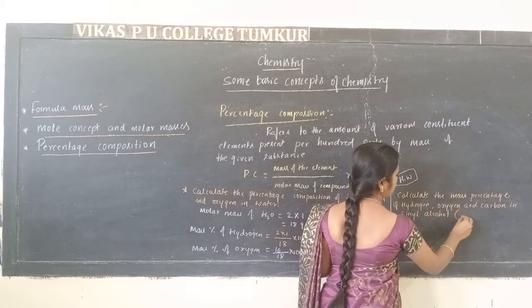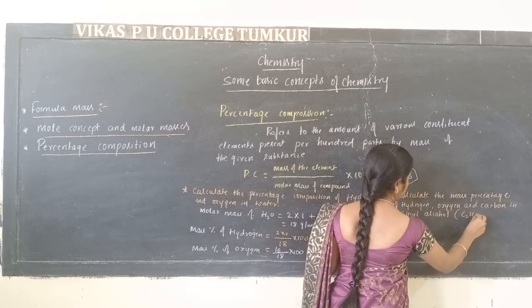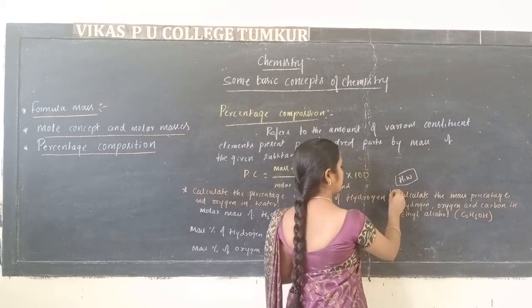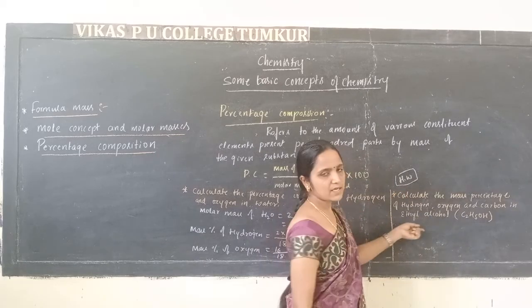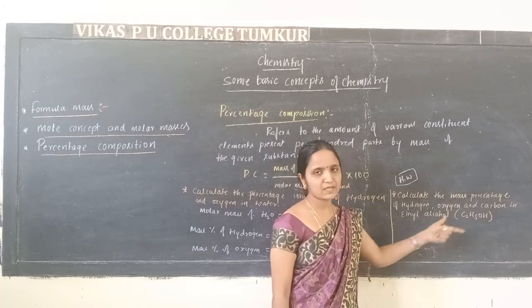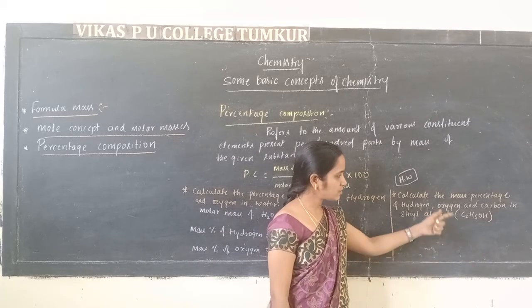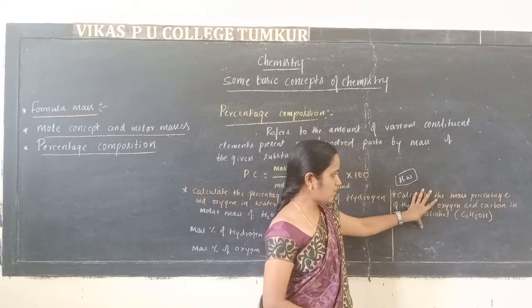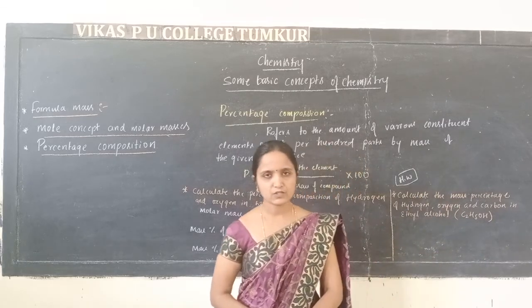The molecular formula is C2H5OH. First, what you should do? You should calculate the molar mass of ethyl alcohol. Then you should find the mass percentage of carbon, the mass percentage of hydrogen, and the mass percentage of oxygen. Okay, this is the homework for you. Solve and submit.